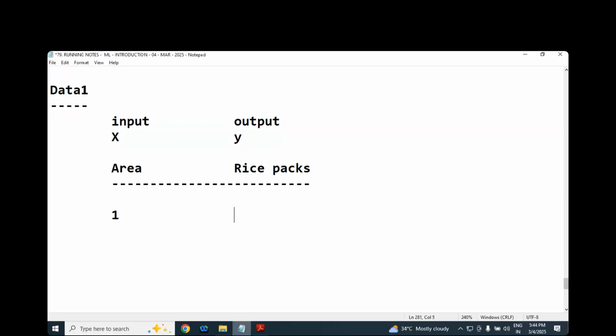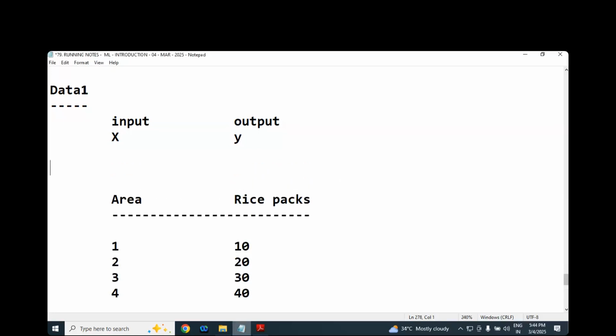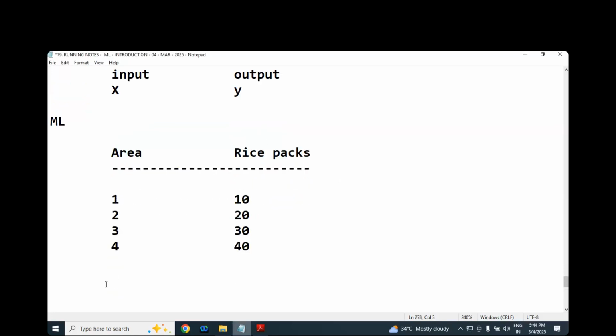This one is 1, 10. Next one, 2, 20. 3, 30. 4, 40. Daniel, I have given this data to the machine learning algorithm. Once you have given this data, the model will be trained. Here onwards, it will start prediction.